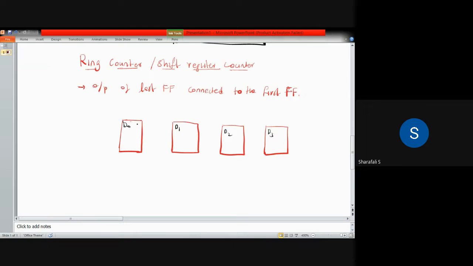And this one is your Q0, that is the output of the first flip flop. This is the output of the second flip flop Q1, and Q2, Q3. This is flip flop number 1, flip flop number 2, flip flop number 3, flip flop number 4.